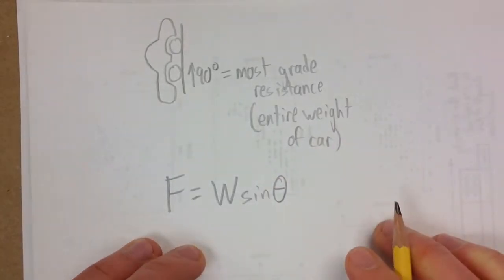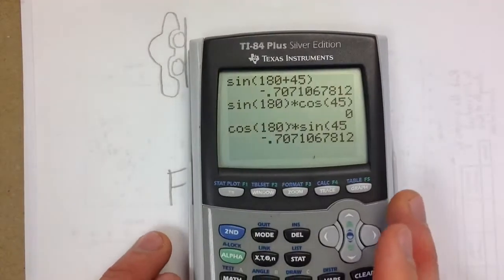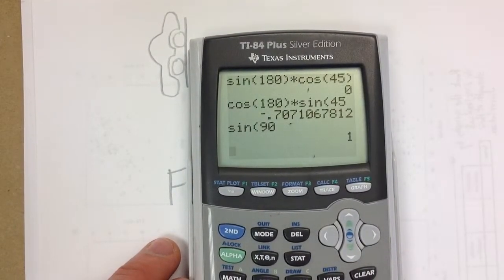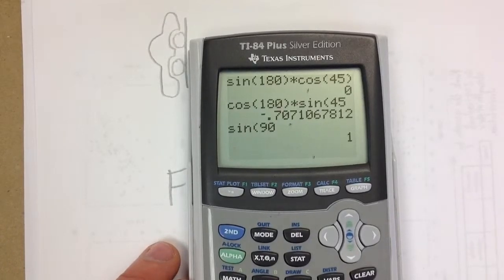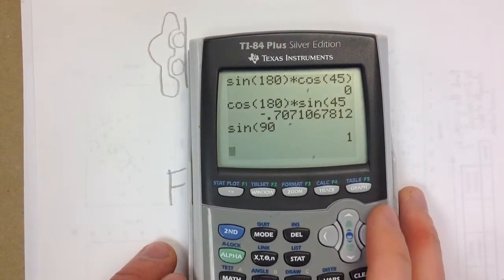W is the weight, theta is the angle. And if you plug sine of 90 into your calculator, you get 1. And that is the highest value that sine can be. It has to do with the fact that the hypotenuse is in the denominator. So it restricts that number. It can't be bigger than 1.